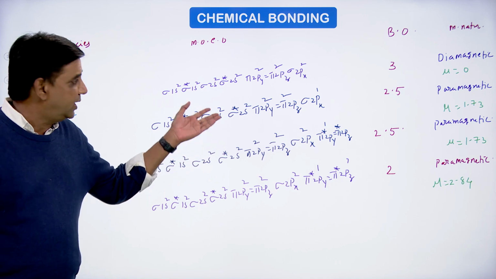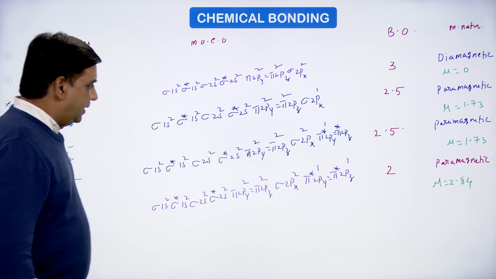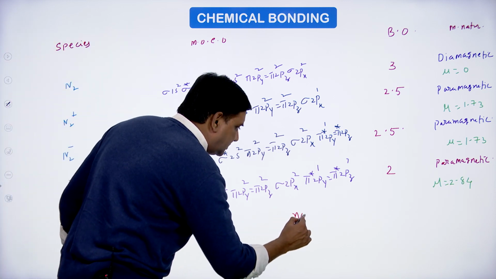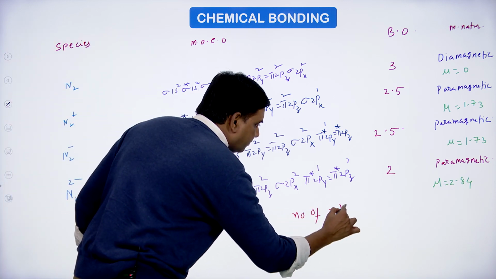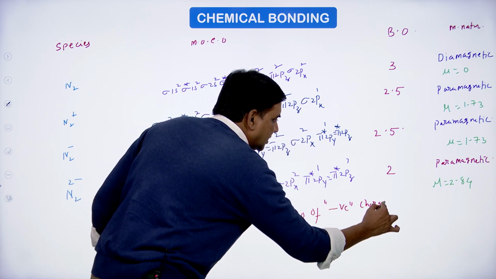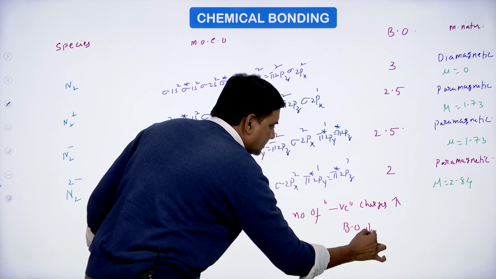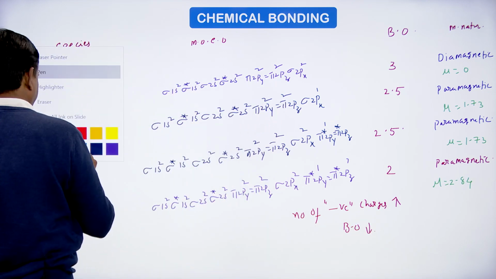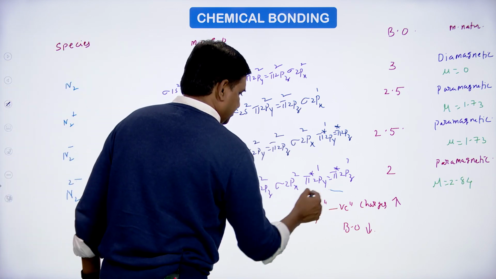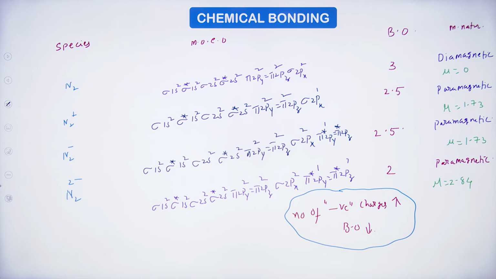And very important is, as the number of negative charges increases, the bond order decreases.